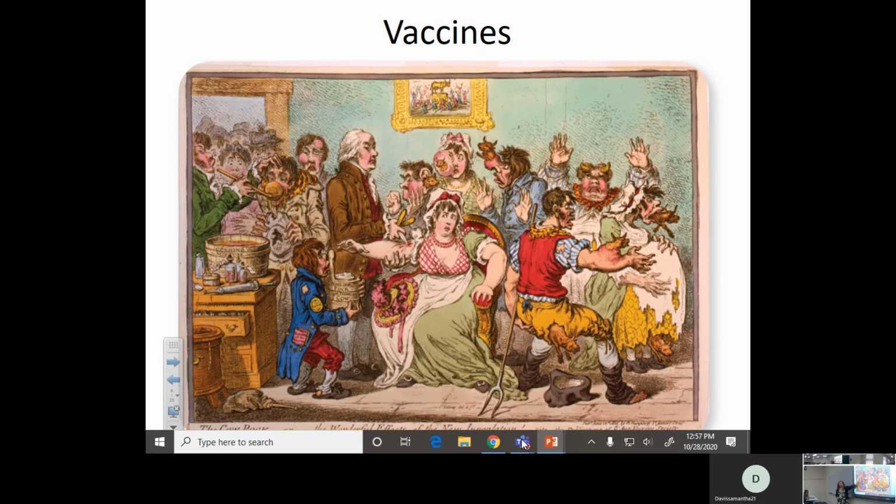And from the beginning of when vaccines were ever invented, it's always been kind of controversial. Like, it's going to make you turn into a cow. It's going to put something foreign in your body. There can be side effects.